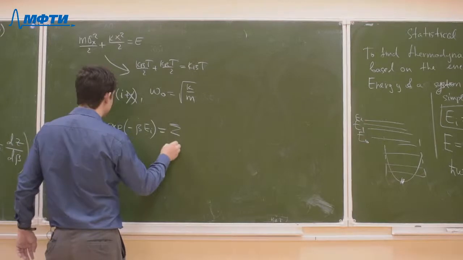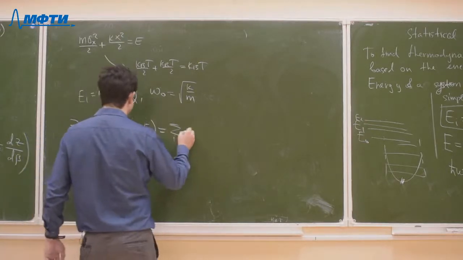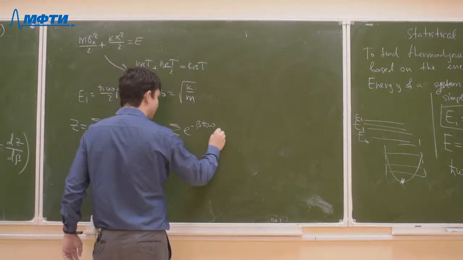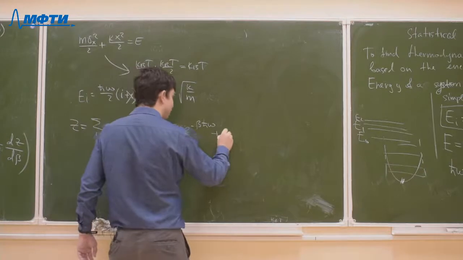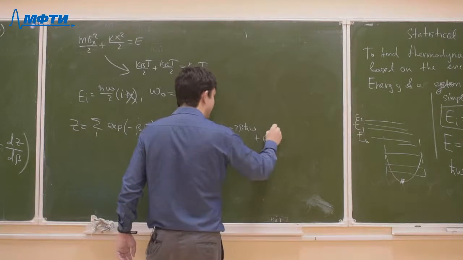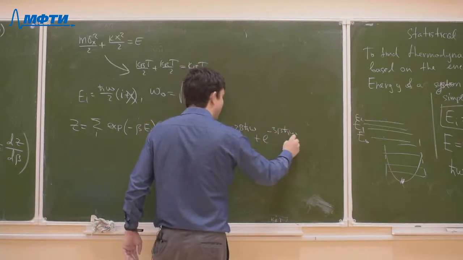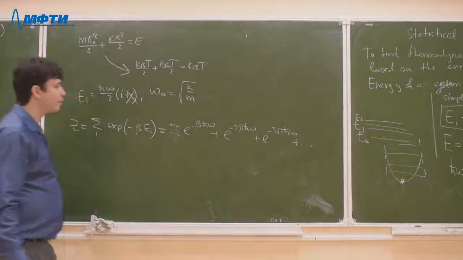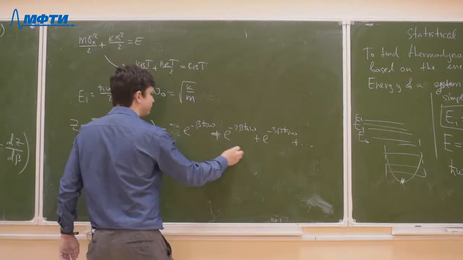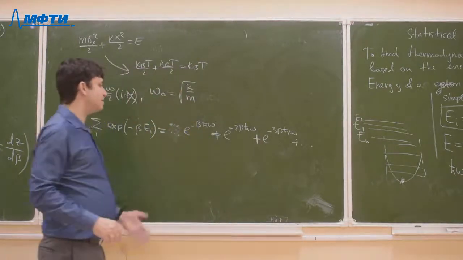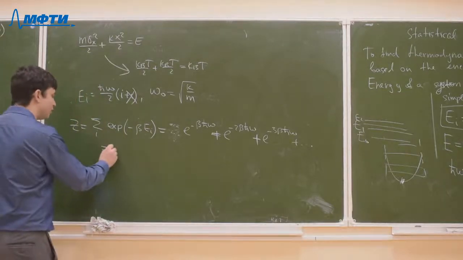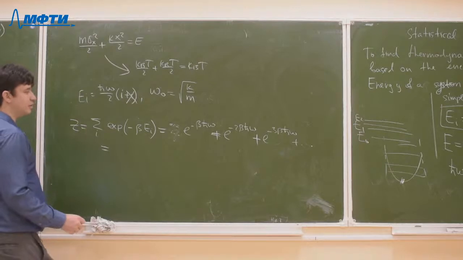And then the sum is as follows. We have e to the power minus beta h-bar omega plus e to minus 2 beta h-bar omega plus e to minus 3 beta h-bar omega, and so on and so forth. As you see, it's a simple geometric progression, and the sum can be calculated.